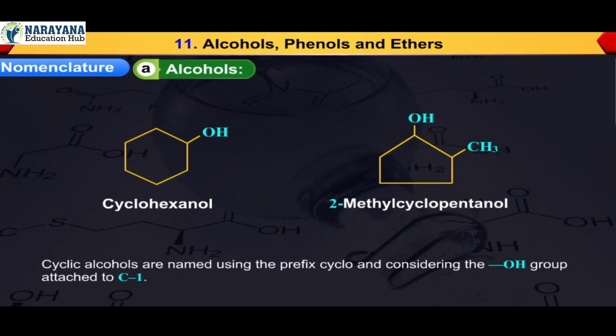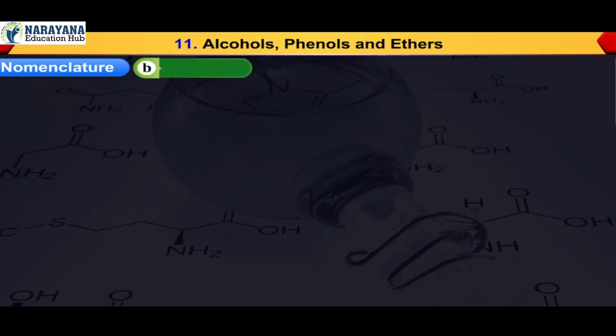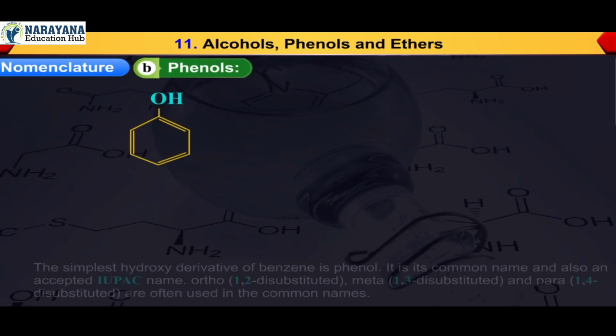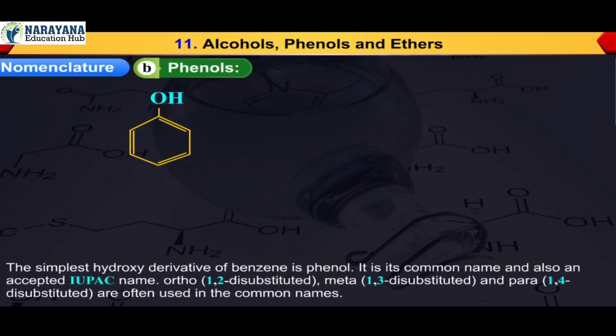Cyclic alcohols are named using the prefix cyclo, considering the -OH group attached to C1. B. Phenols. The simplest hydroxy derivative of benzene is phenol. It is its common name and also an accepted IUPAC name.